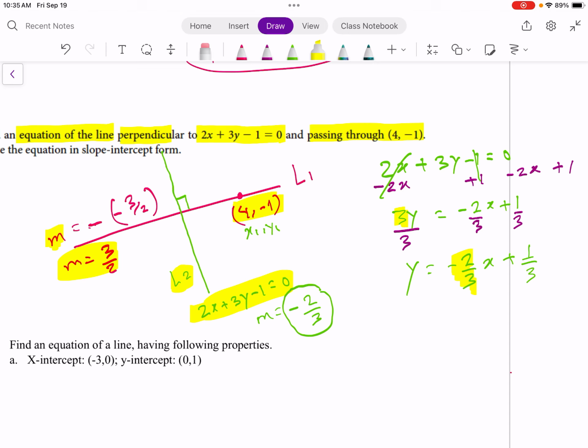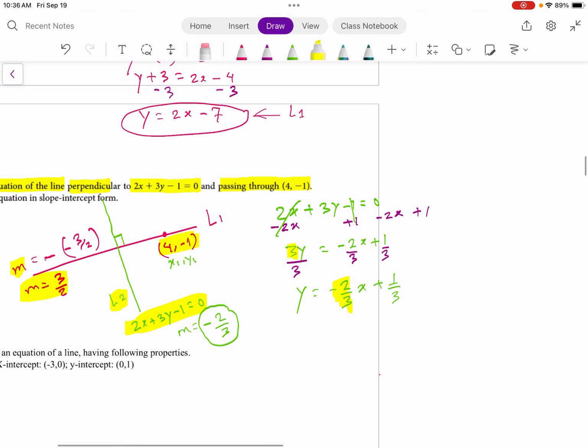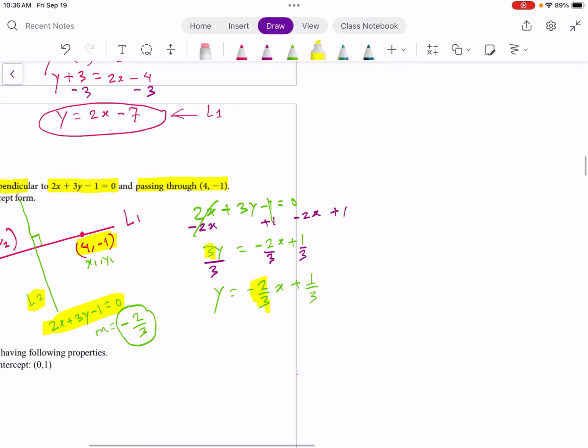Now what form do we use here? Do we use point slope form or slope intercept form? We use point slope form. Now let's use point slope form to find the equation of a line. So our point slope form is y minus y1 equals m times x minus x1.